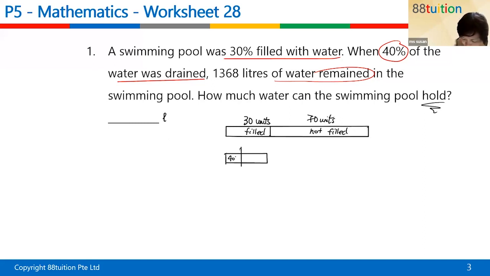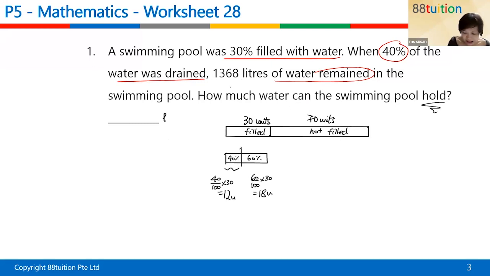So here is 40%, not that one. So this 40% must be multiplied by 30 units instead, which gives you 12 units. And this one is the 18 units. Okay, this is the one, not the other side there.